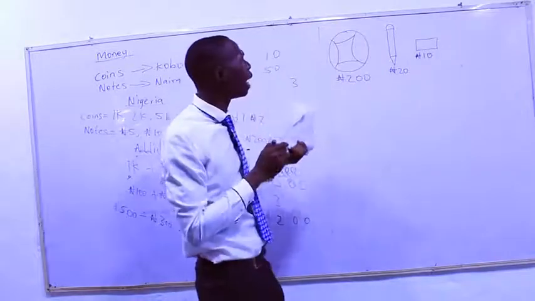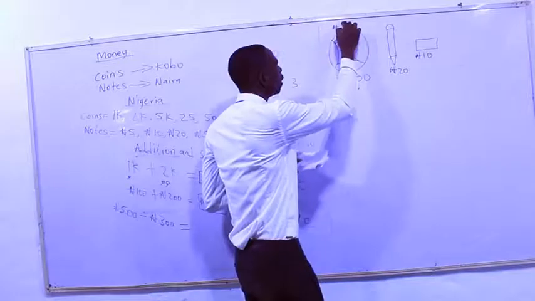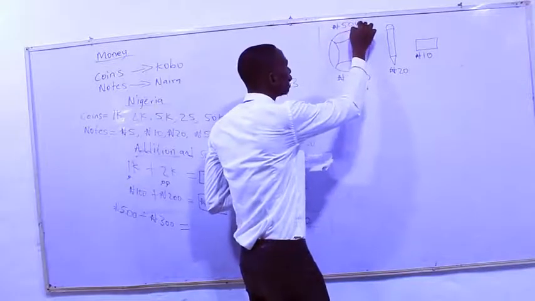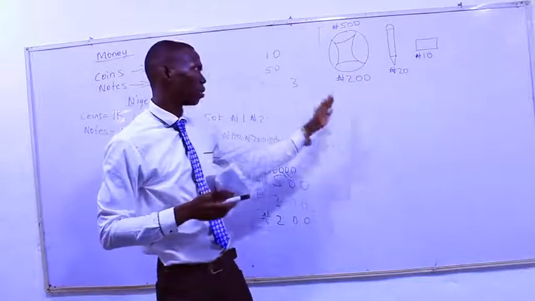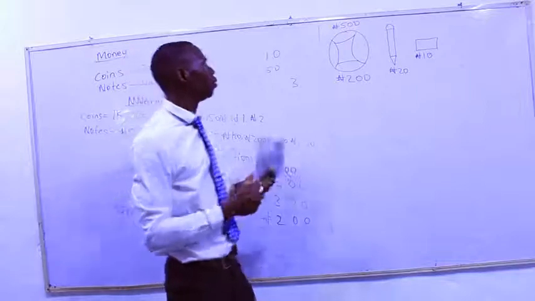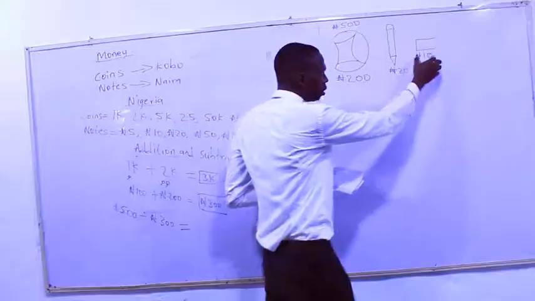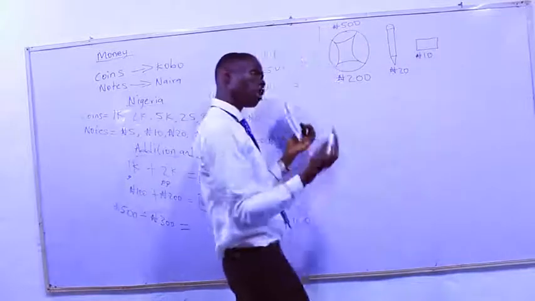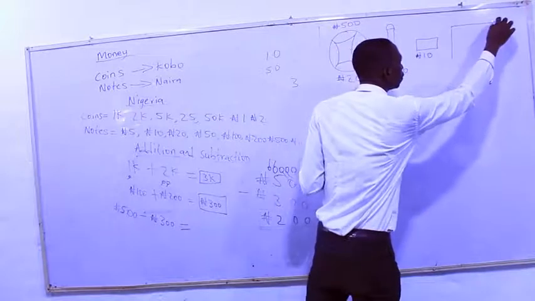But what do you have? And you are given 500 naira to buy all the items you want. You need a ball to play, pencil, eraser. You may also need a book.